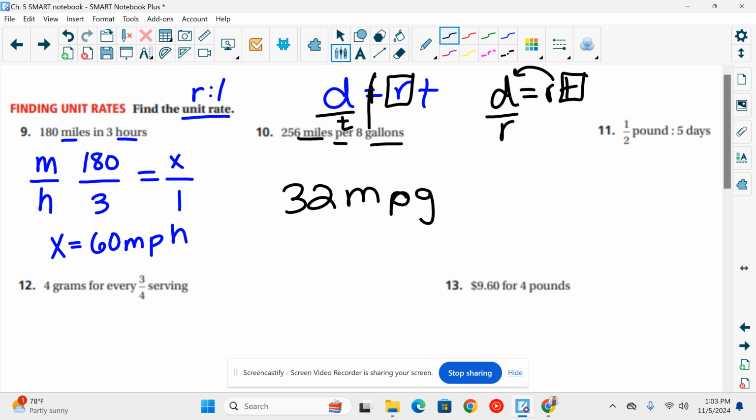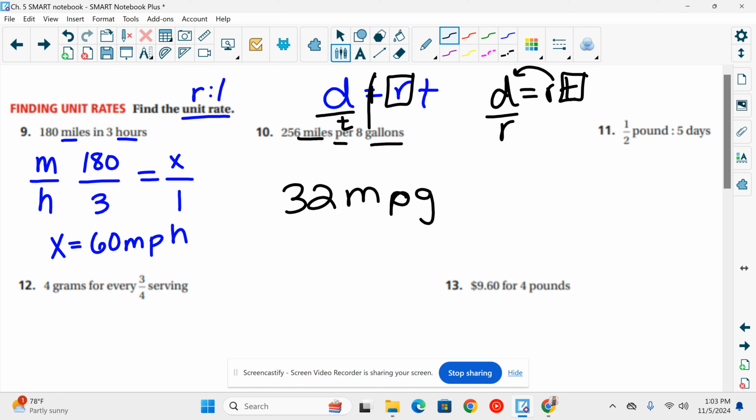So like in my car, when I'm driving from here to Warner Robins, I've got this little fuel efficiency gauge, and if I'm driving like I'm supposed to and nice and smooth and using my cruise and stuff, I get better gas mileage. But if I'm having to slam on brakes a lot or traffic's really bad and you're stopping and starting, then your gas mileage is not going to be as great. So 32 miles per gallon is pretty good.